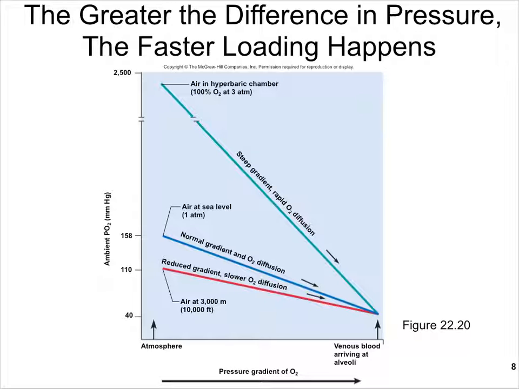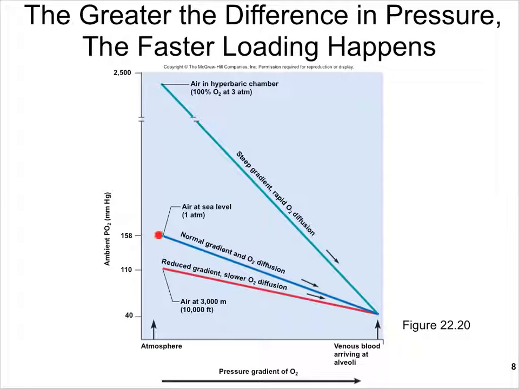So, how fast do gases move in between atmospheres and liquids? Well, it depends. The greater the difference in partial pressures, the faster loading and unloading happens. So, for instance, at normal atmosphere in the lungs, the partial pressure of O2 is 158, at sea level, at 1 atmosphere of pressure, right?